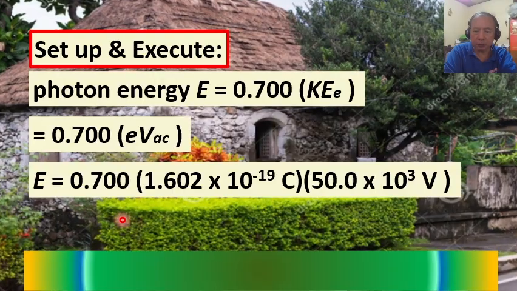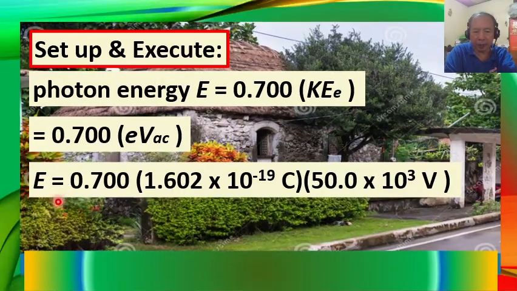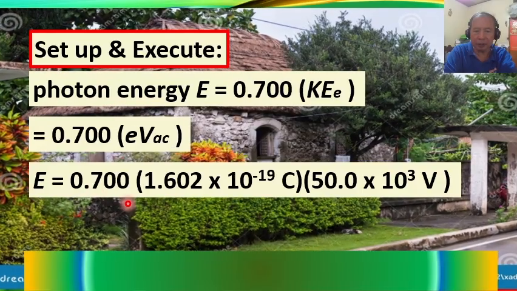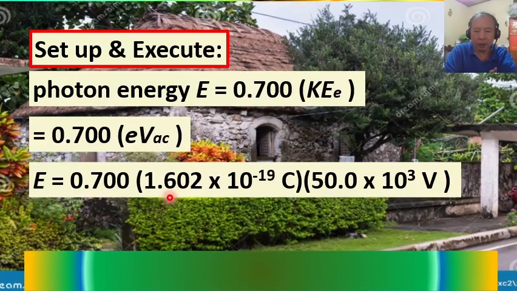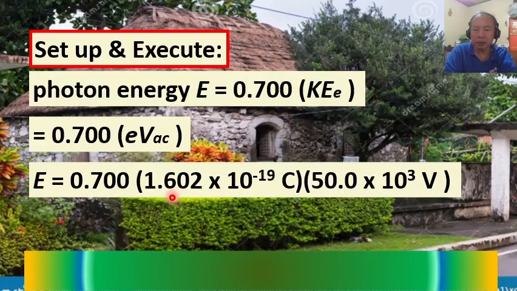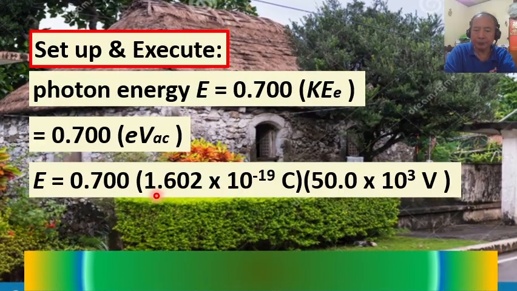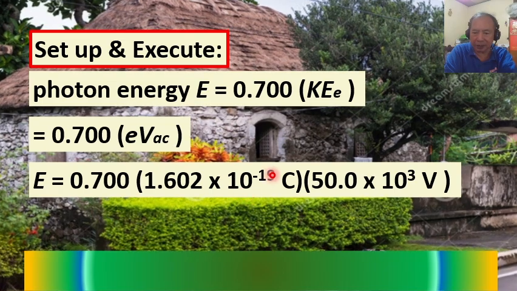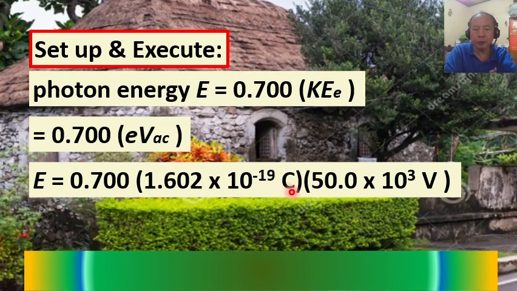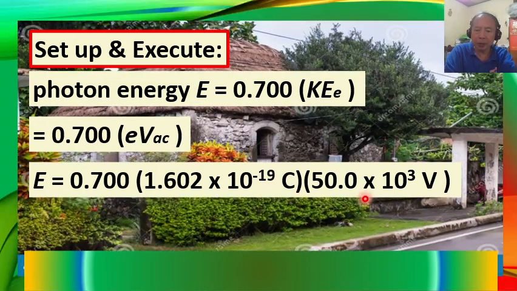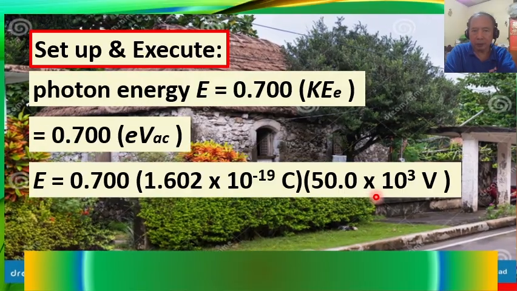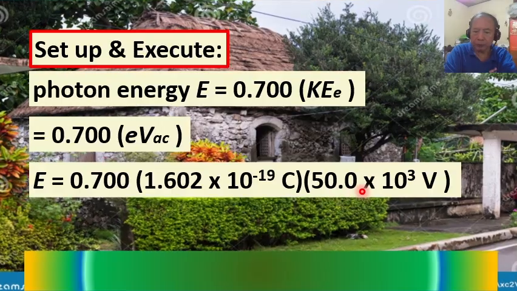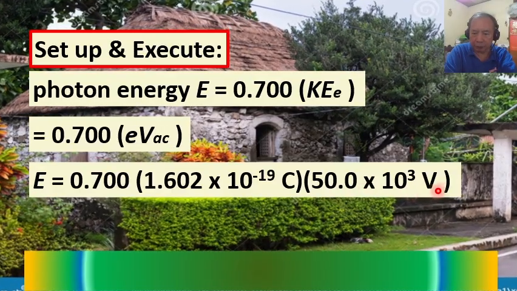So when we substitute completely, we have the photon energy capital E is equal to 0.700 times the charge of an electron, 1.602 times 10 to the negative 19 power coulomb, and then multiplied by the given accelerating voltage, 50.0 times 10 to the third power volts.